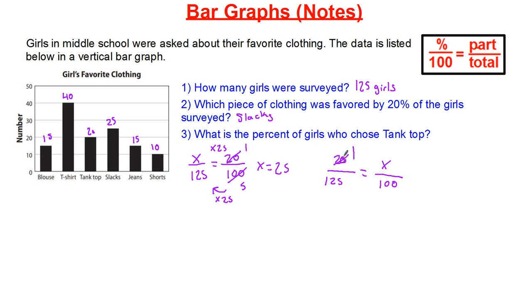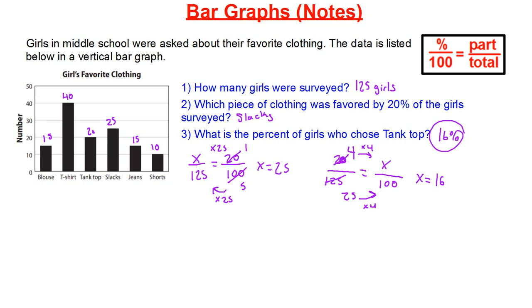Oh, tank top. All right, there we go. That was a mistake. That's 20. So I could divide by 5 here. So 20 divided by 5 is 4, and then 125 divided by 5 is 25. So in this case, just multiply by 4 and multiply by 4. So x in this case is going to be equal to 16. So that'll be 16%.